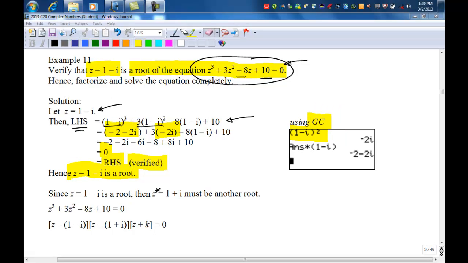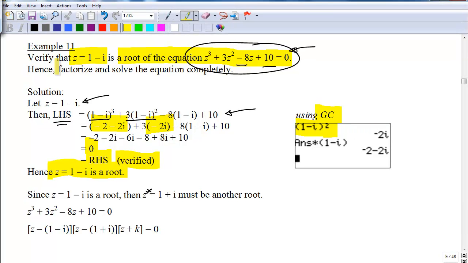Now that we have verified the root, the question wants you to now factorize and solve the equation completely. So what we're going to do is make use of what we've learned earlier again. Now if z equals 1 minus i is a root, then z conjugate, please add the star there, equals 1 plus i must be another root.